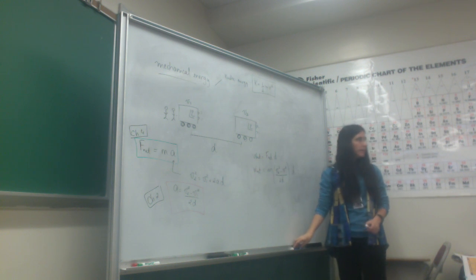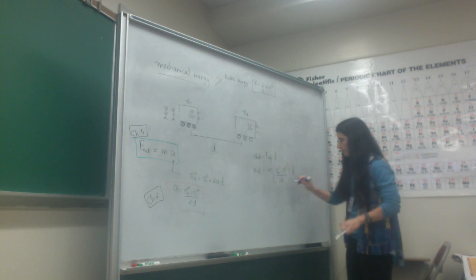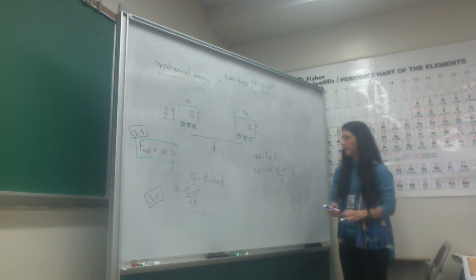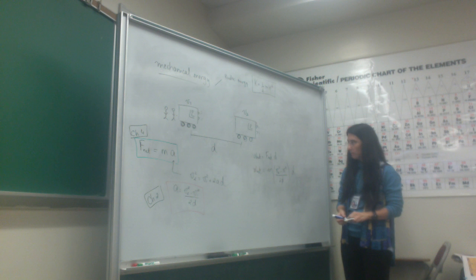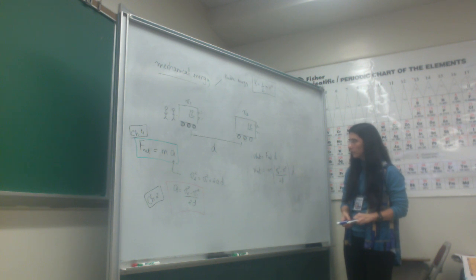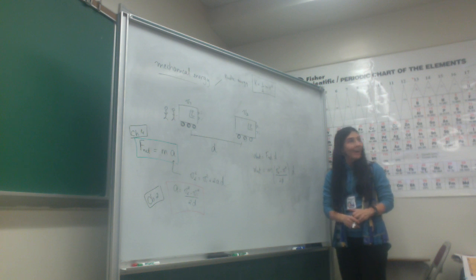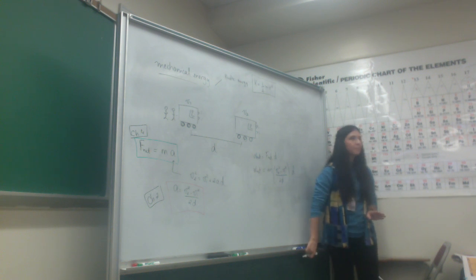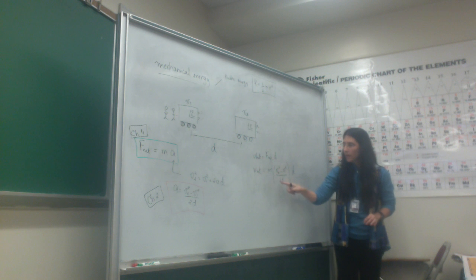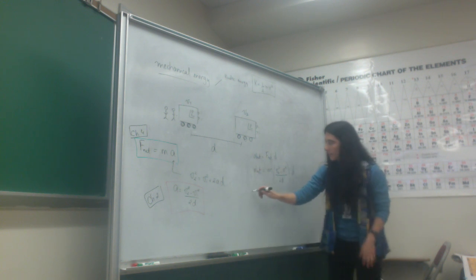Can I cancel anything here? The d. Very good. Can I cancel the 2 too? No, how can I cancel 2? Okay, fine. And you get one half m v2 squared minus one half m v1 squared. Let me rewrite.